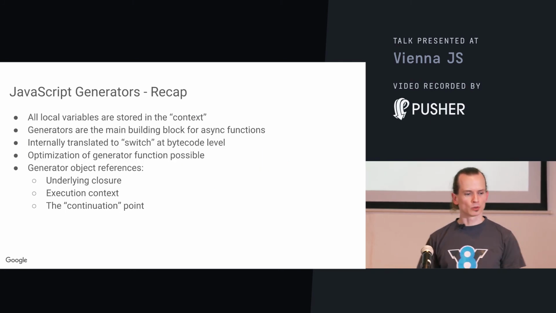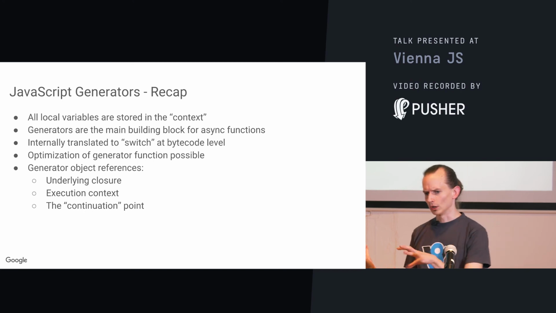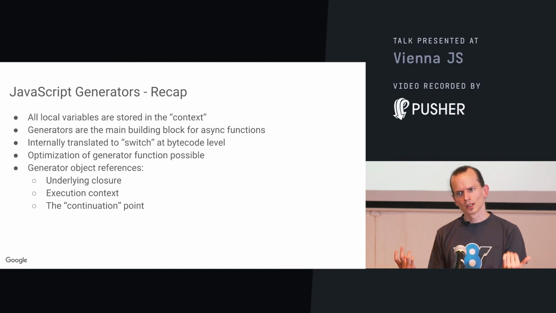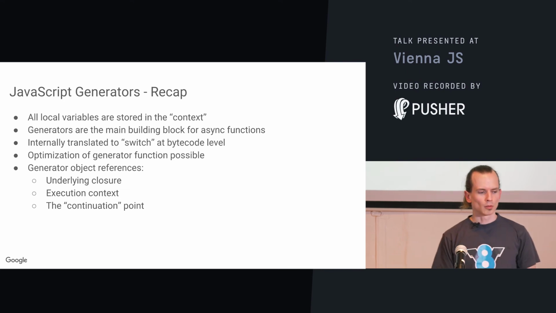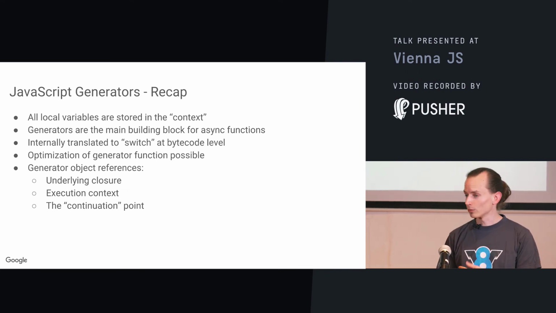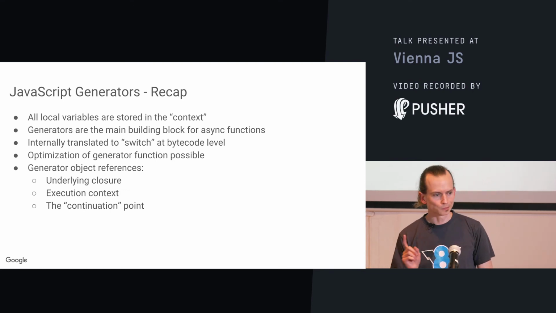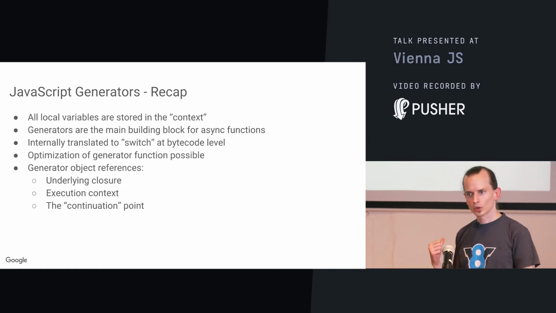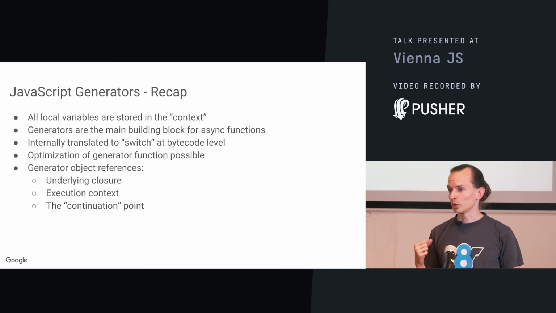All right, so to recap, for generators, all the variables are stored on the heap. So that means they are no longer local to the stack of the function. Accesses to variables are a little bit slower. Generators are the main building blocks for async functions, so all of this applies to async functions as well. Internally, we translate to the switch, but other than that, all optimizations apply.